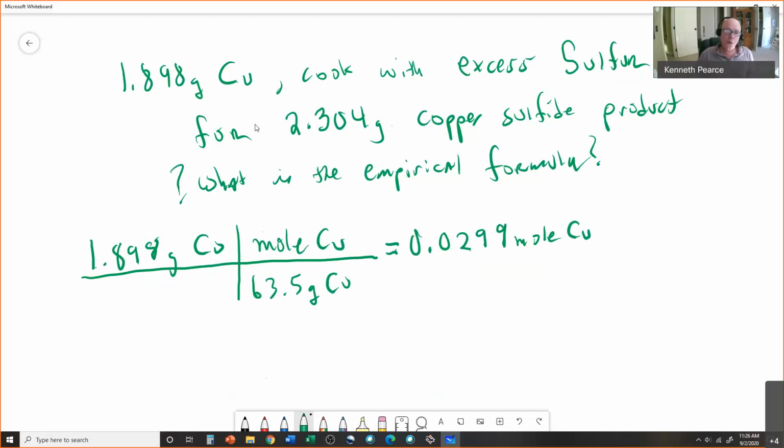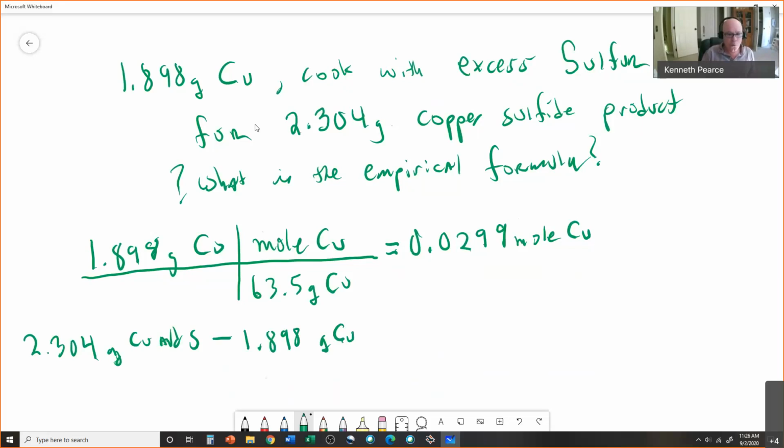But how do you know how many moles of sulfur you have? Well, if you go from 1.898 grams to 2.304, that extra mass has to come from somewhere, and it came from the sulfur that you reacted with it. So I have 2.304 grams of some sort of copper and sulfur, and if I subtract off the 1.898 grams of just the copper, what's left over?